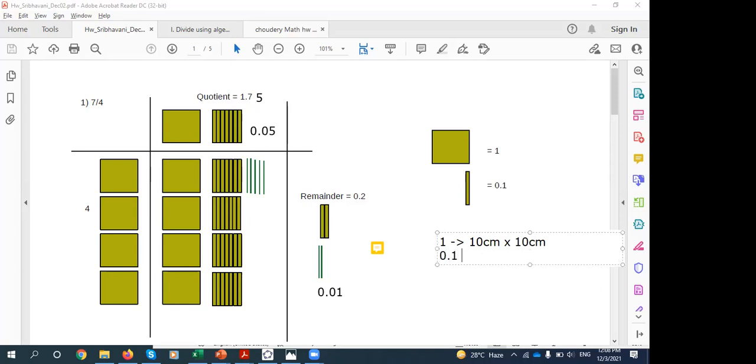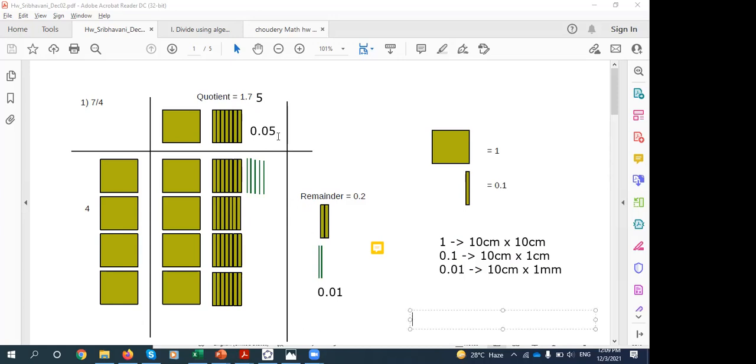For 0.1, you use a 10 cm by 1 cm rectangle, and for 0.01, you will use 10 cm times 1 millimeter, a very, very thin rectangle. So that will complete the visual that you have put here. But as I said, if you are doing it with manipulatives, it's a bit difficult to imagine and deal with.